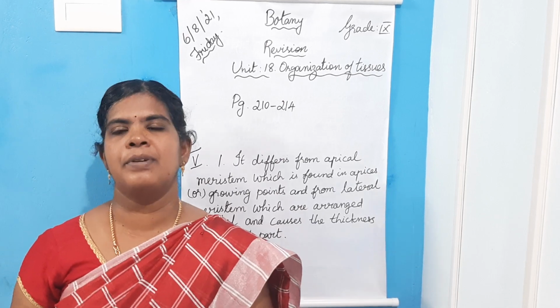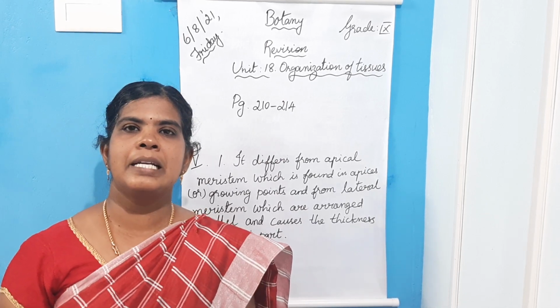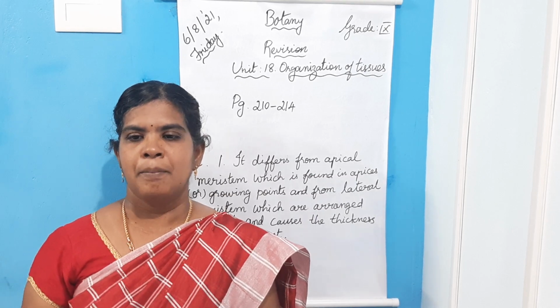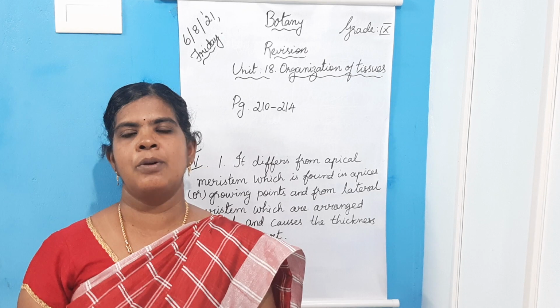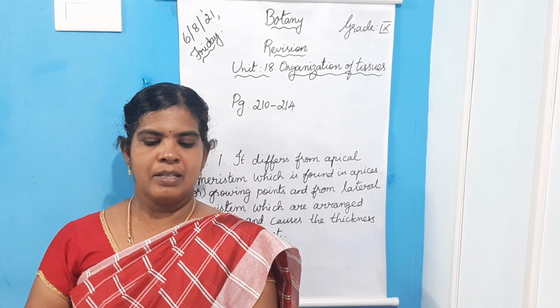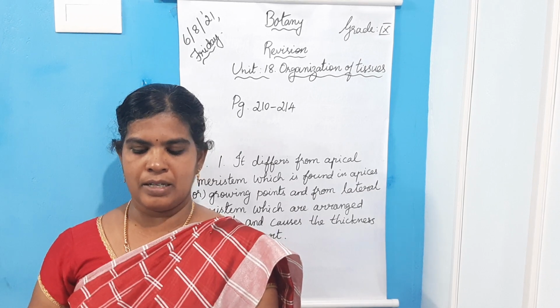What is the last difference? Meristematic tissue provides mechanical support and elasticity to the plant body, but permanent tissue provides only mechanical support. These are the textbook question answers you are learning.